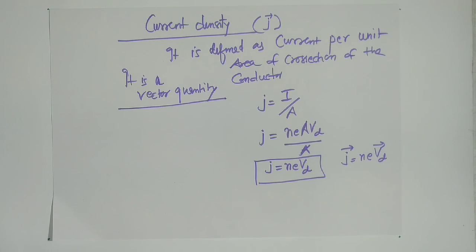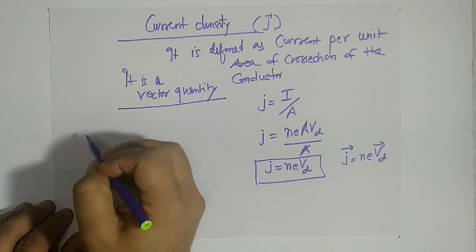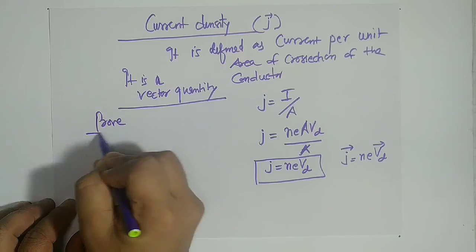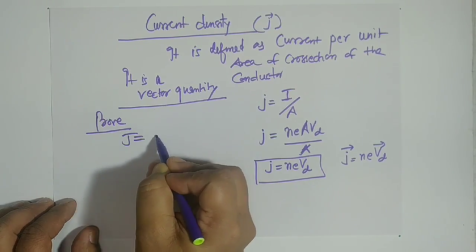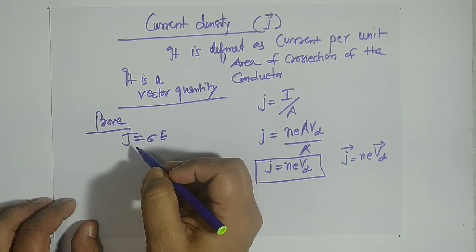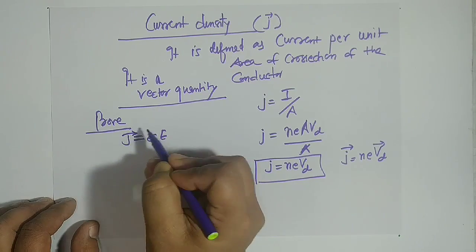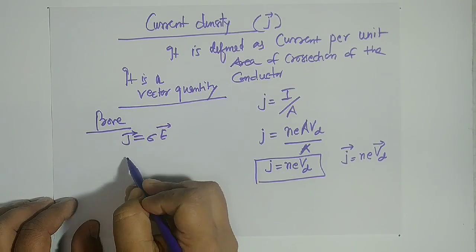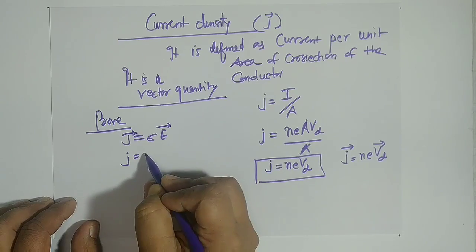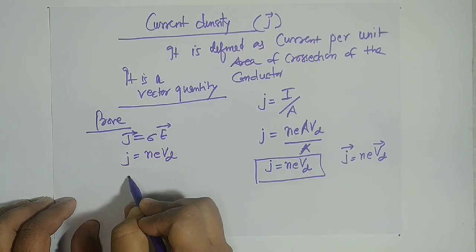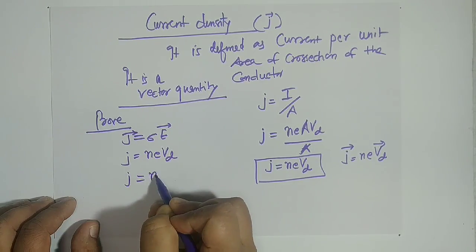So this equation is very important, how you define it. And there may be a question sometime: prove J equal to what? Sigma E. This can be the question in the paper. Prove J is equal to sigma E. So what is J? nevd. And then put the value of vd. vd is what?